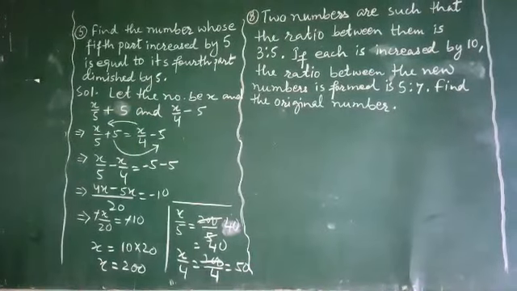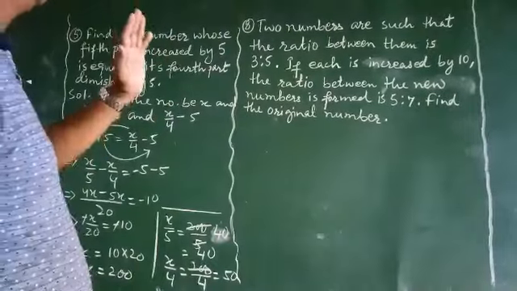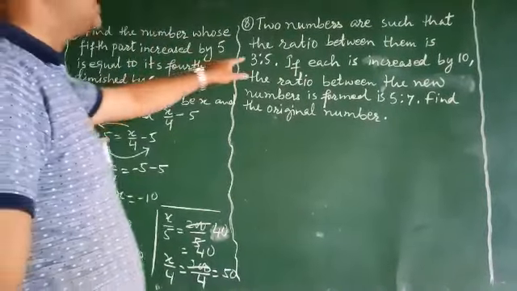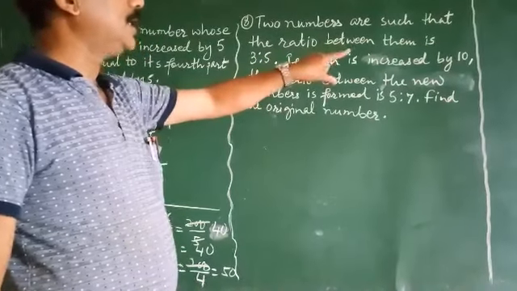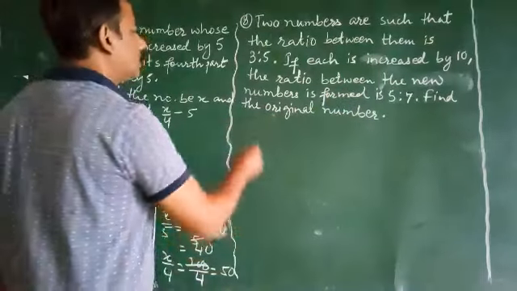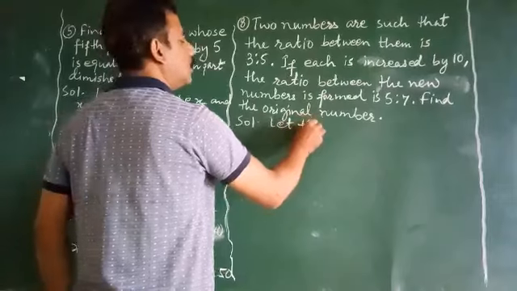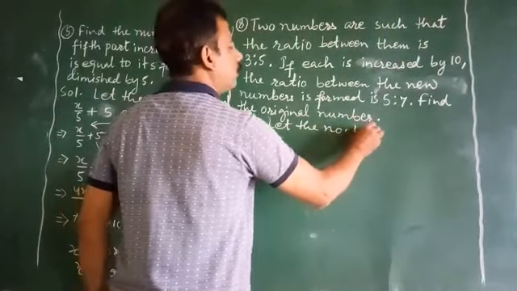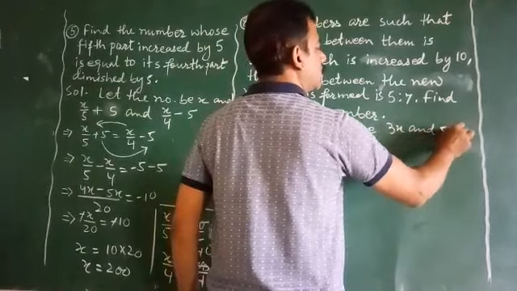Now the next question, question number 8. Here two numbers are such that the ratio between them is 3:5, and when these numbers are increased by 10, the new ratio formed is 5 by 7. Hence let the numbers be 3x and 5x.